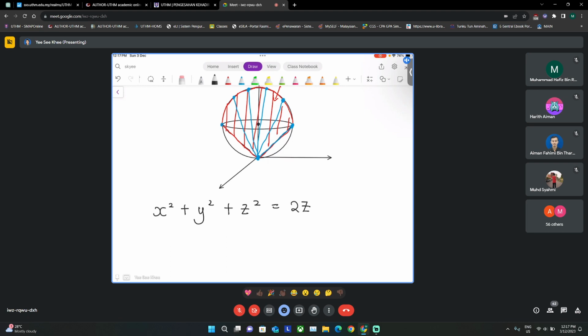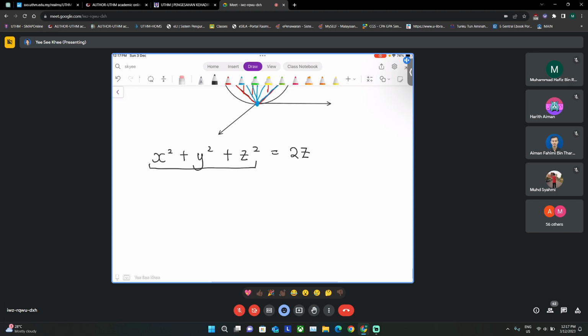If you rewrite this whole thing into the spherical coordinate system, you can rewrite it to be rho squared. On the right side, the z can be rewritten as 2 multiplied by rho cos phi.